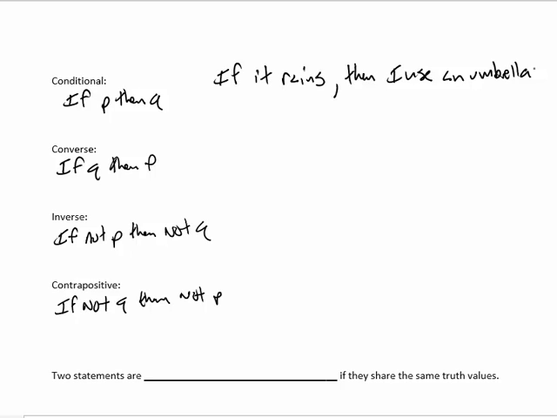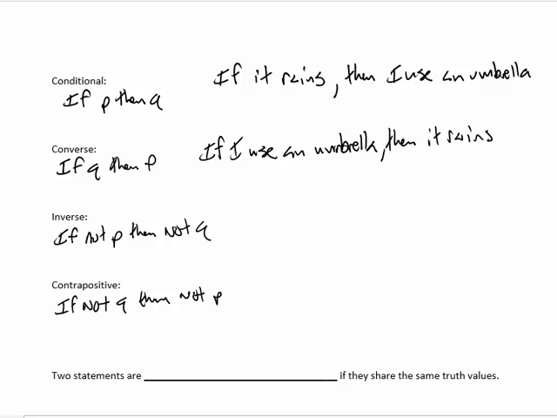I'm going to switch the P and Q around, and it would be if I use an umbrella, then it rains.